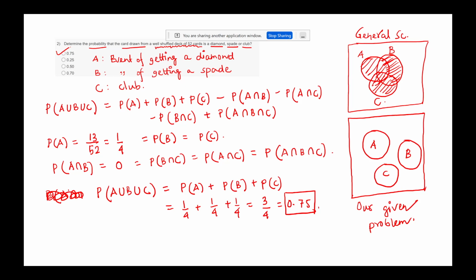Here A and B are mutually exclusive or independent. Okay, so that's the thing. Quite easy. Should I proceed to the next?